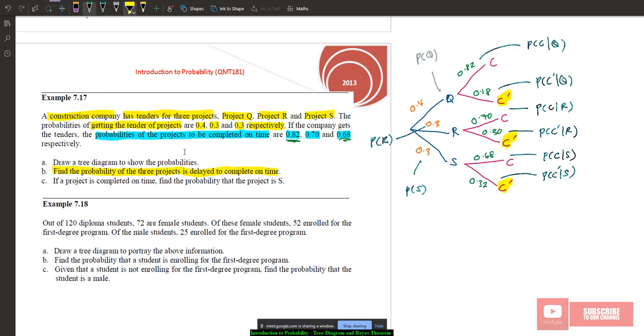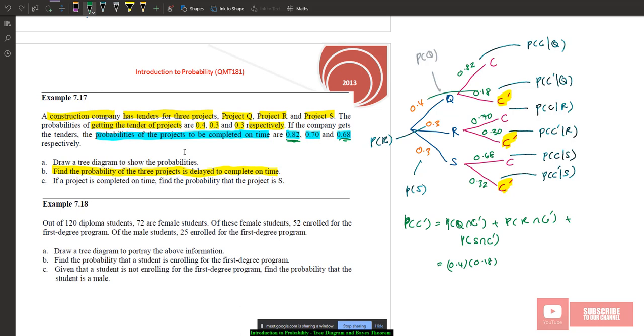So if you want to find the probability of C complement, you should add all the intersection with C. Probability of Q intersect C complement plus probability of R intersect C complement plus probability of S intersect C complement, right? So this one should be equal to 0.4 multiply with 0.18.